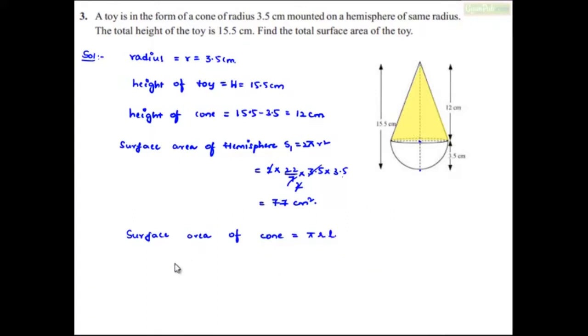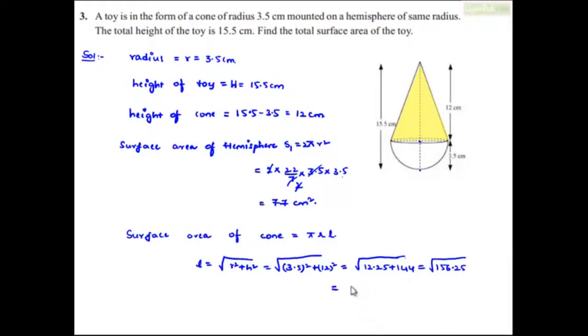We know that the slant height in the cone, when the radius and height are known, is L equal to square root of R square plus H square, which is equal to square root of 3.5 whole square plus 12 square, that is square root of 12.25 plus 144, which is equal to square root of 156.25. Therefore the root of 156.25 is 12.5.